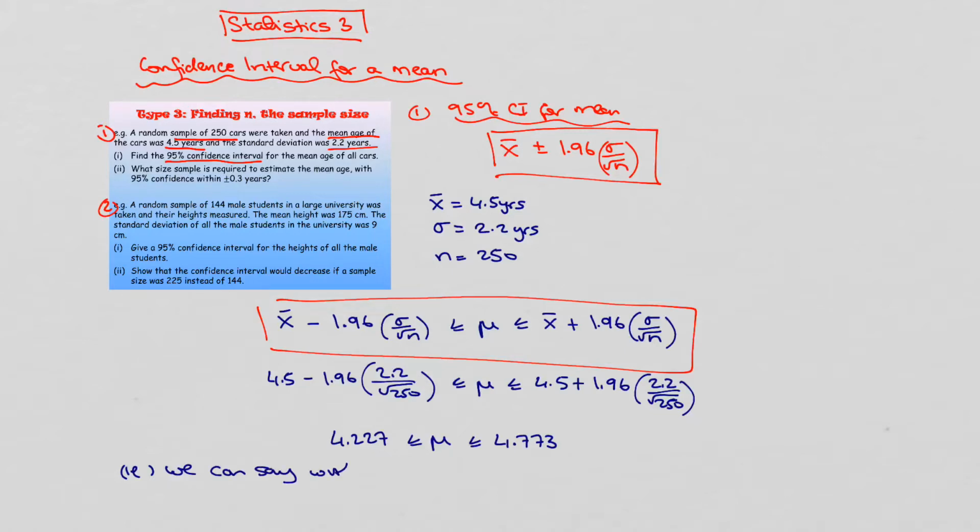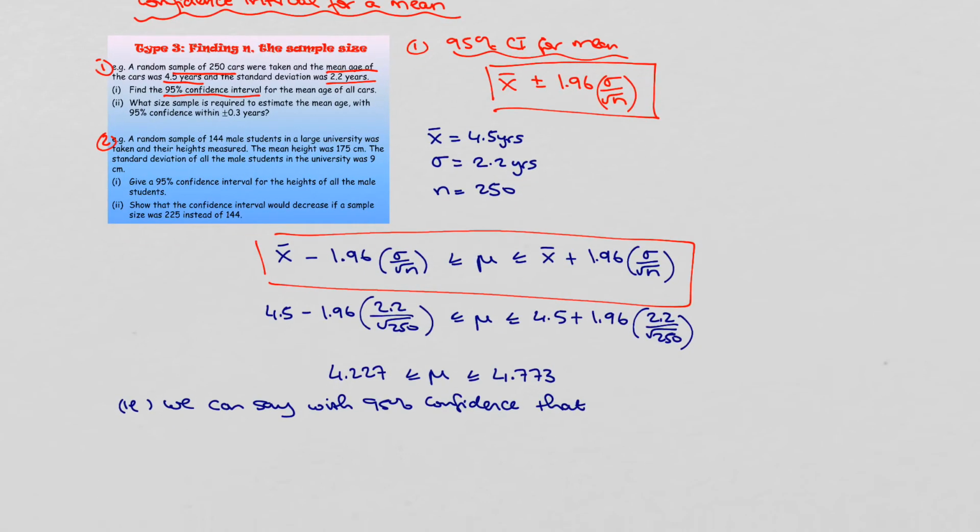So in other words, what we can say is with 95% confidence that our true population mean, and this time, we really need to start putting these into context.